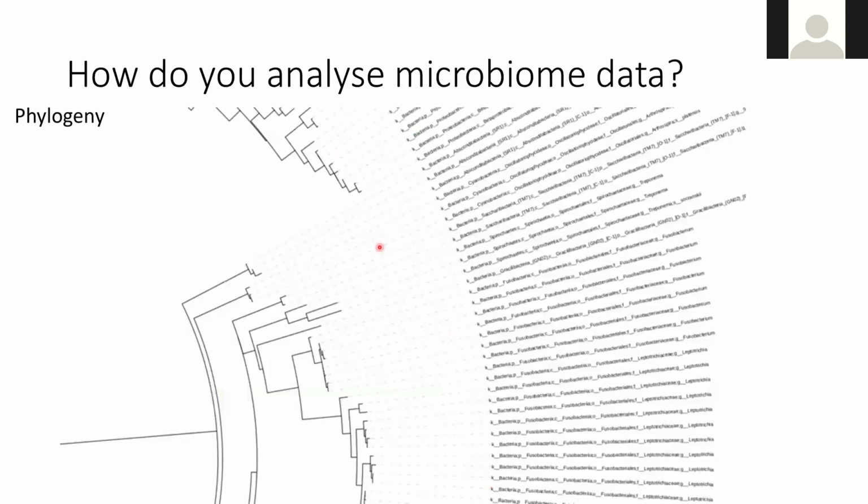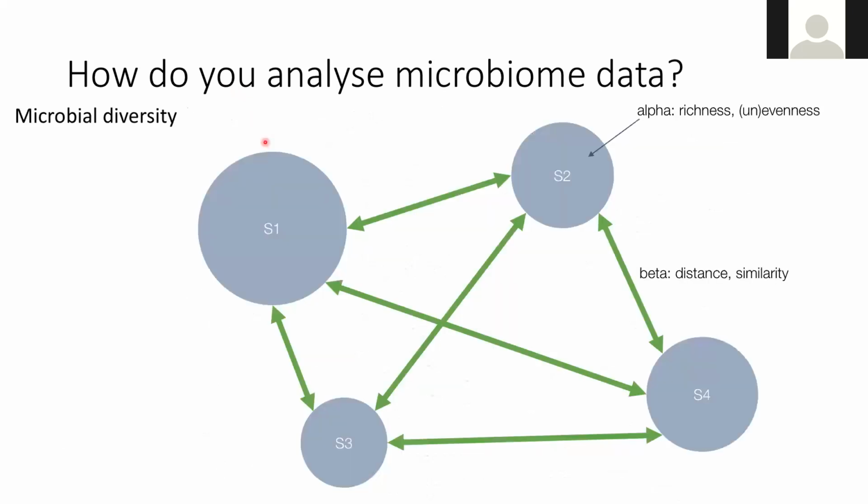This is a way of looking at the tree phylogeny, making these trees of relatedness. So things like we saw on the other slide that are more closely related to each other will be branches on the tree and further away from things that are very different. We can also look at the diversity of the microbiome. So we have two measures of this, and we will be looking at how to analyze each of these.